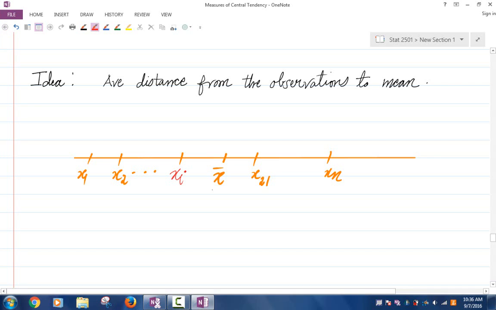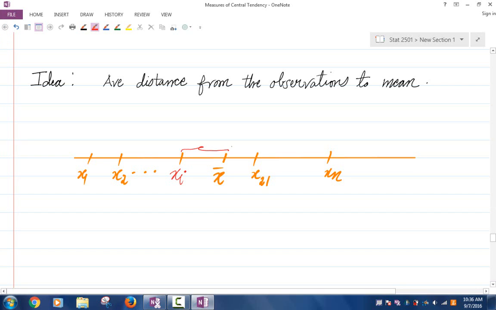So I'm just trying to show you that you have these observations. When I'm saying distance, what do I mean? What's the distance between xi and x bar?